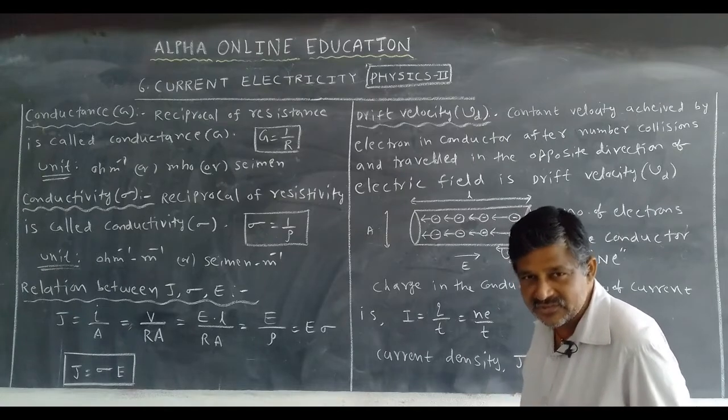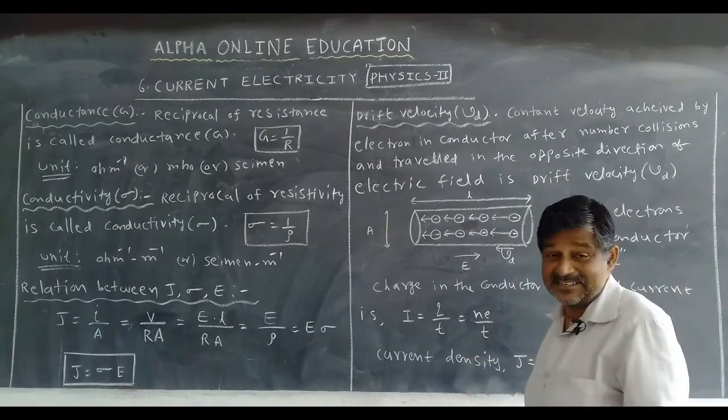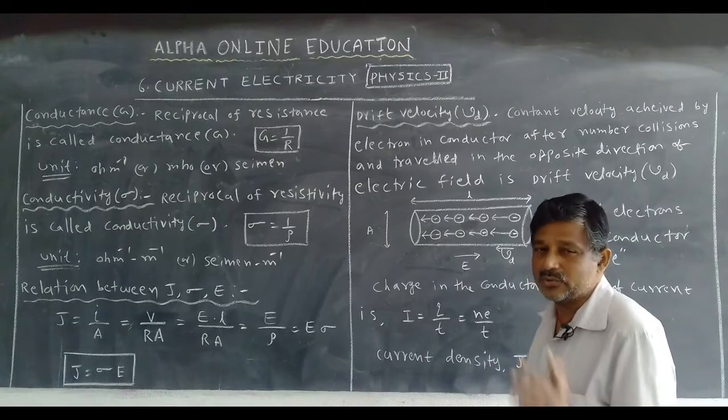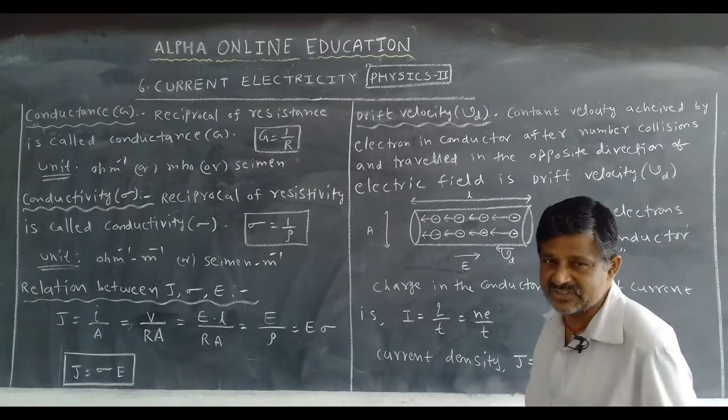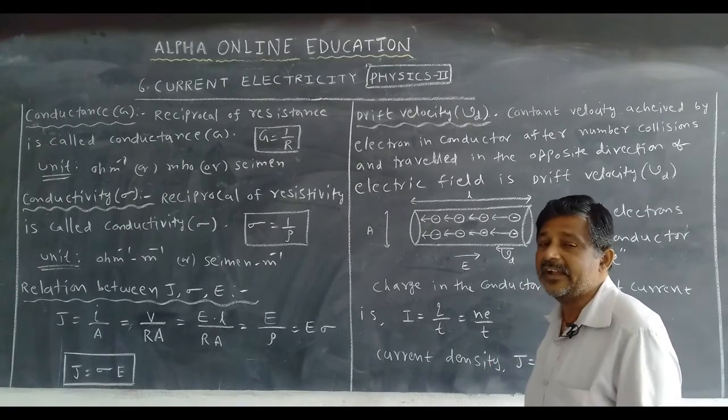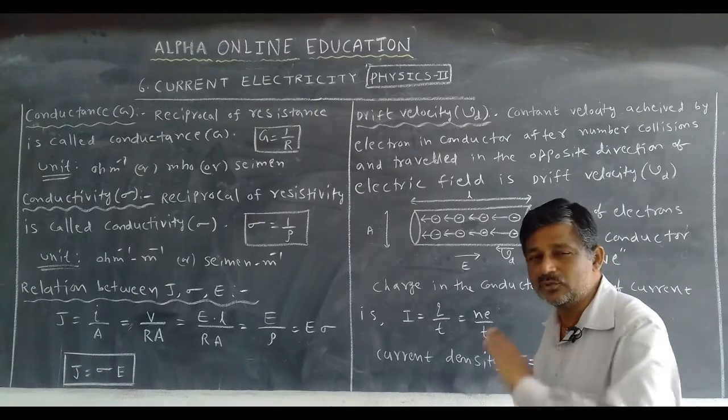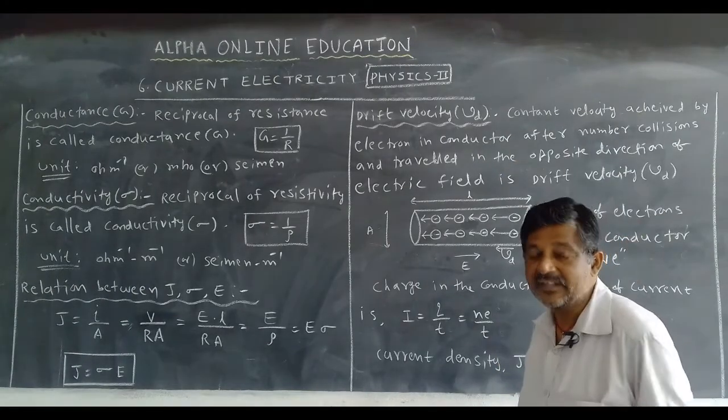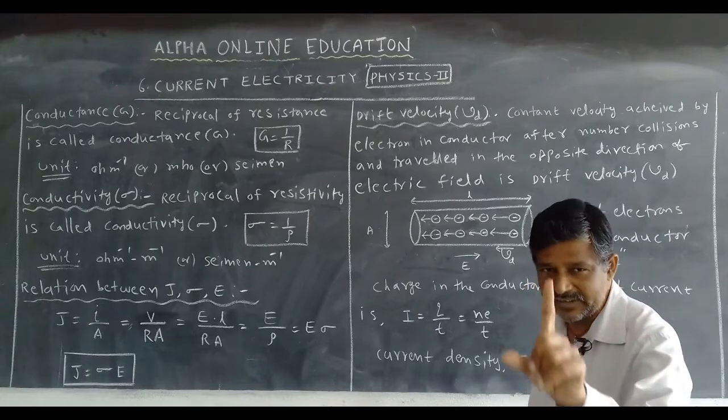One of the inherent properties is resistance, so the electrons make several collisions and get a constant velocity and move in the opposite direction of the electric field. That velocity is called drift velocity.